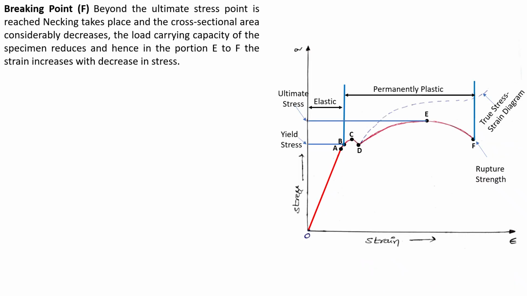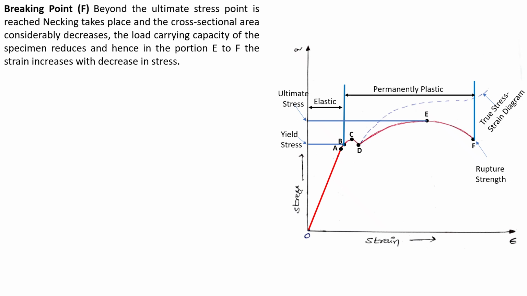Okay, next we will look at the next point on the stress strain curve, that is point F, the breaking point. After the ultimate stress point is reached, necking takes place and the cross-sectional area considerably decreases.